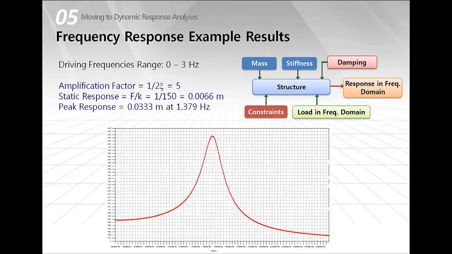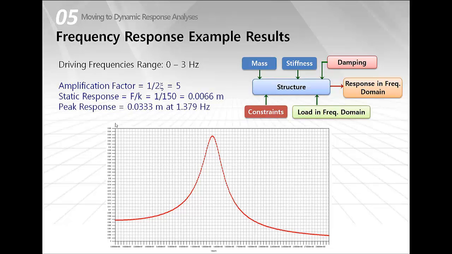As you saw, the driving frequency range was defined from 0 up to 3 Hz. And if you put this data into the equations, you will see that the amplification factor is about 5. So the static response for our system is 0.006 meter.